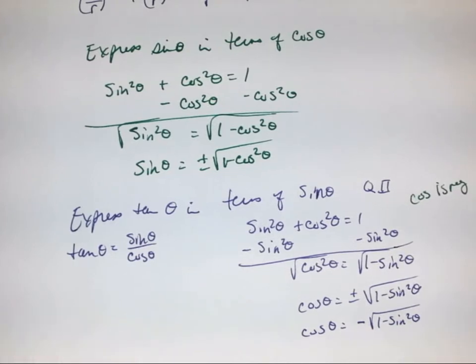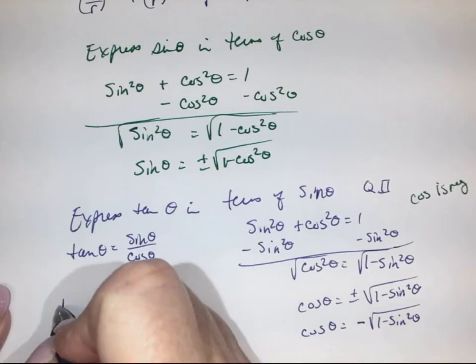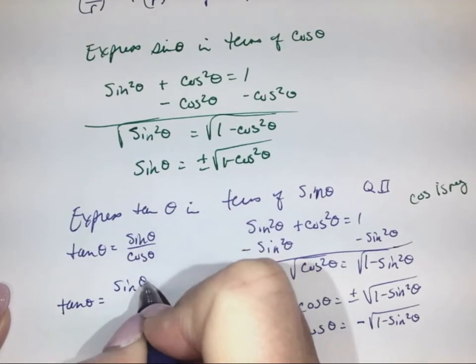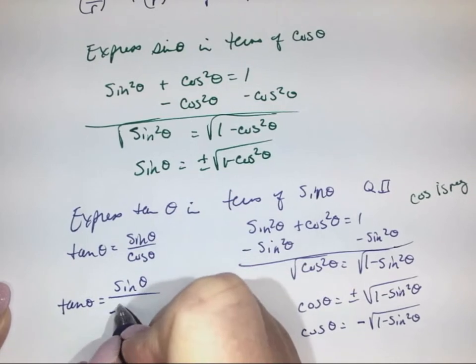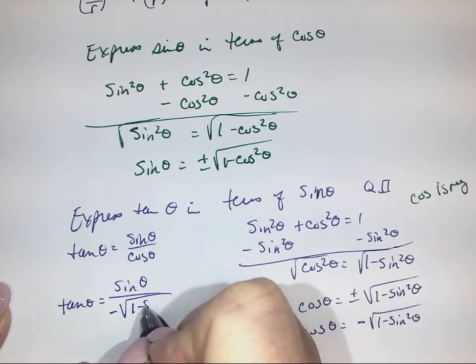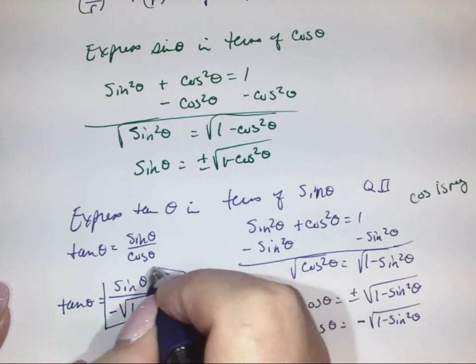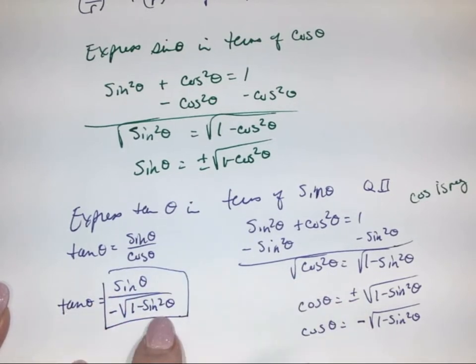It has nothing to do with sine at that point. So now I can take this and rewrite tangent theta is equal to sine theta divided by the negative of the square root of 1 minus sine squared theta. And this would be writing tangent in terms of sine according to quadrant 2.